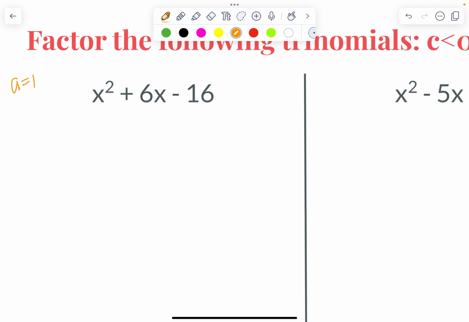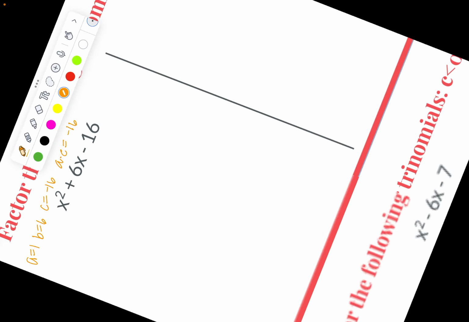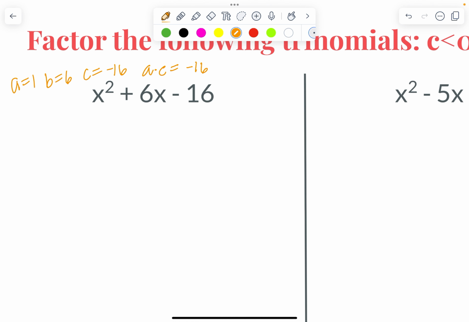A is 1, B is 6, C is negative 16. So A times C is negative 16. So we have a negative 16 on top, positive 6 on the bottom. Again, we have one negative and one positive, but the positive is bigger.